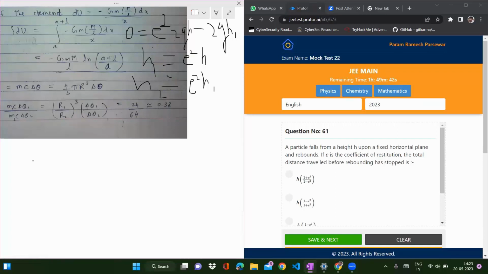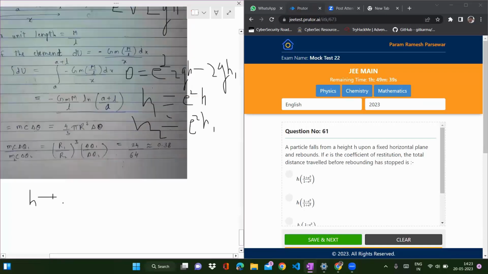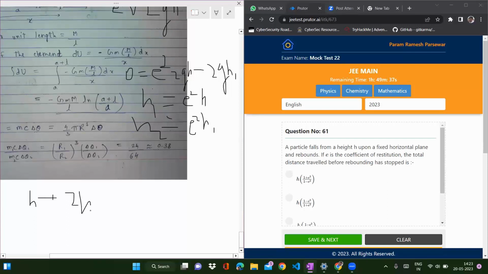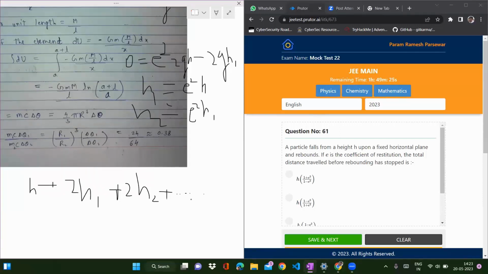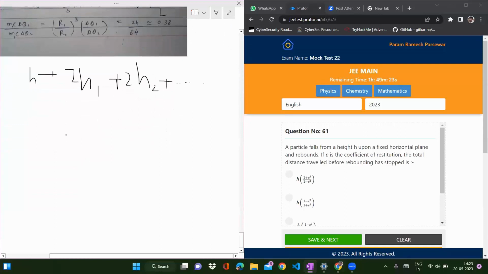We will need to add this series h plus 2h1 plus 2h2 till infinity, because the distance will keep on getting smaller and smaller. So we will need to apply the formula of infinite GP, which is sum equals a by 1 minus r, where a is the first term and r is the ratio.